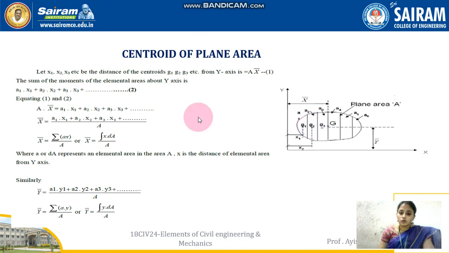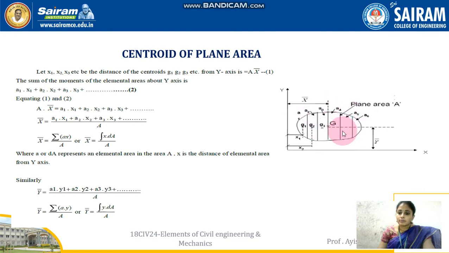The sum of moments with respect to the y axis is A1 into x1, A2 into x2, A3 into x3, likewise till A6 into x6. So the sum of moments is the value you are seeing here. We know that the overall moment of the whole plane figure with respect to the y axis is A into x bar.